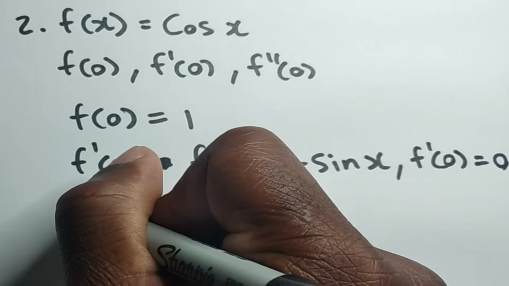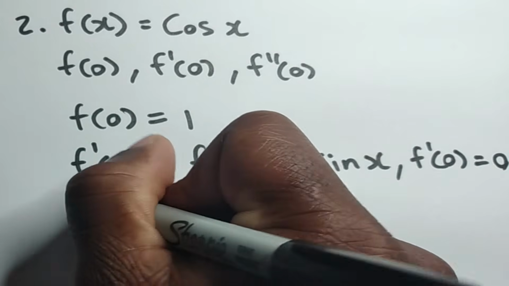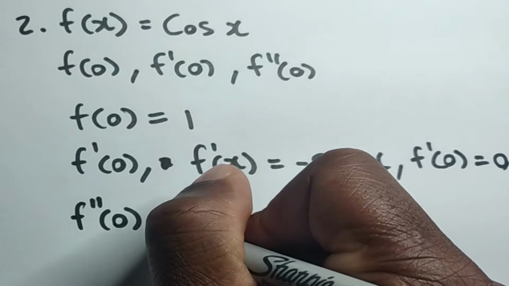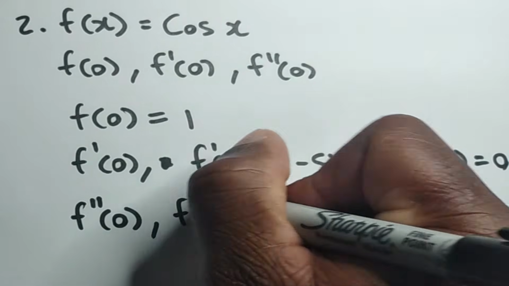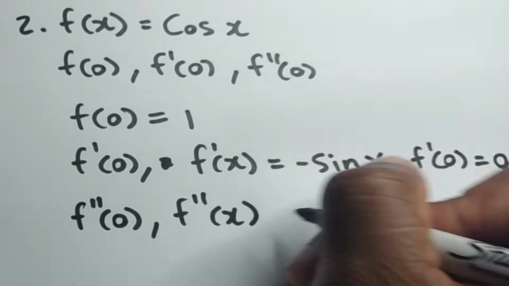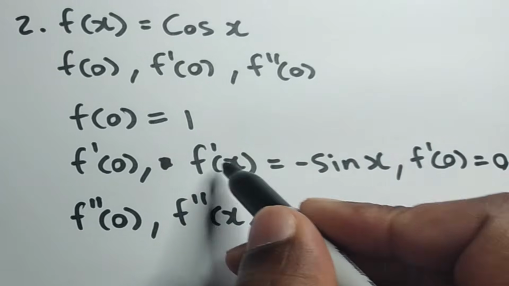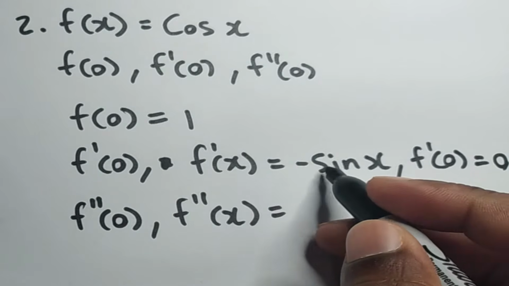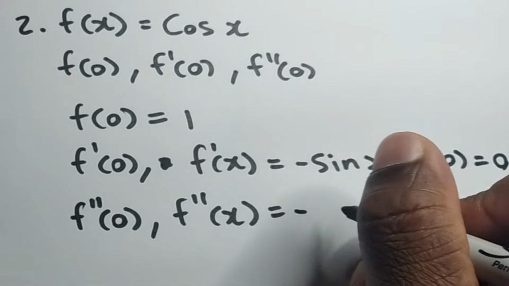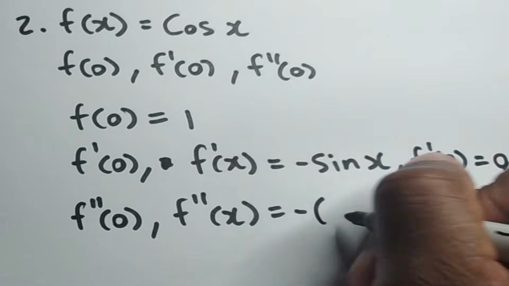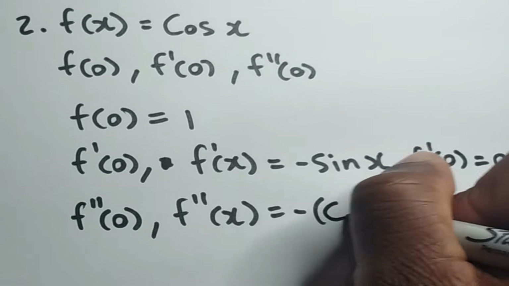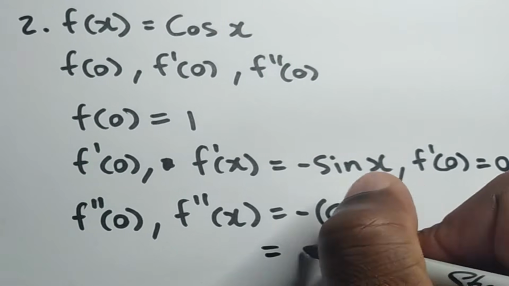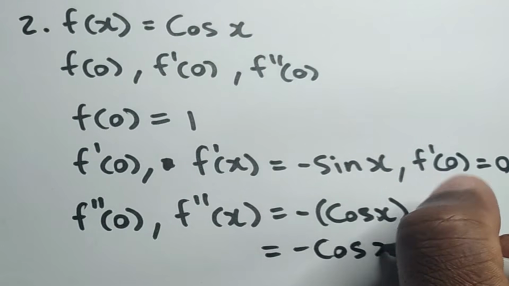All right. Now we want to obtain the result that we'll get if we substitute 0 in the second differential of f of x. So we are required now to differentiate the first differential to obtain the second differential. So we can factor out this negative right here. If we differentiate sine x, we'll obtain cos x. So this is the same thing as negative cos x.